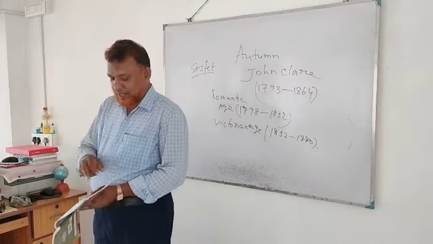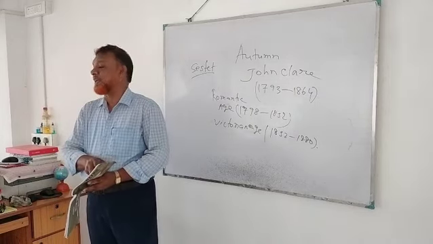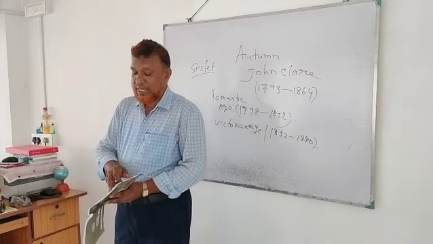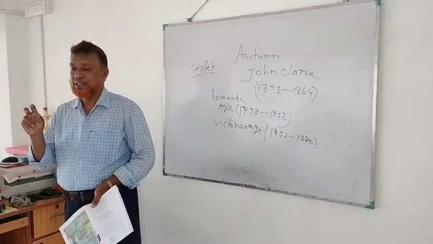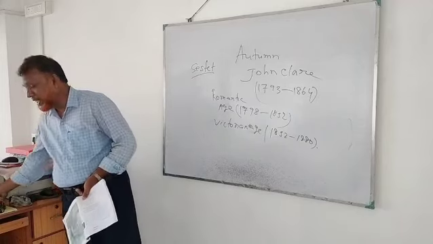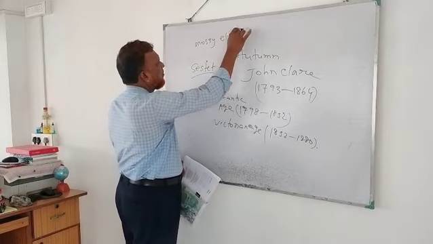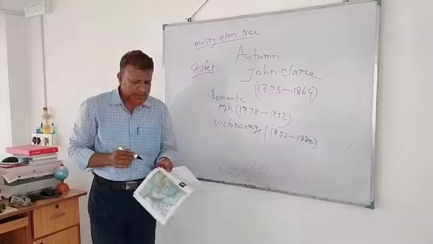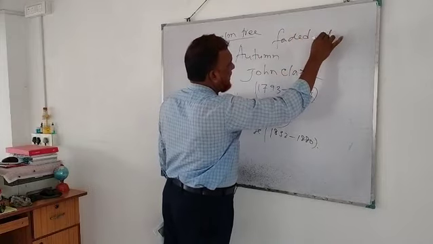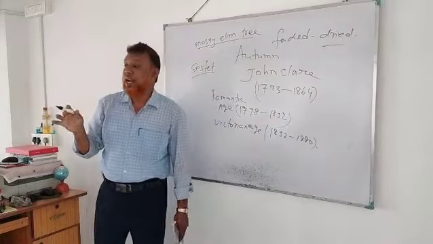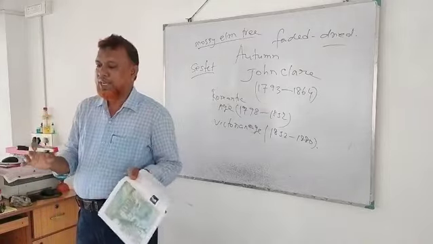The third line: And from the mossy elm tree takes the faded leaves away. What is mossy elm tree? Look at this expression, mossy elm tree. Faded leaves. Faded means dried. Elm is a kind of big tree, old tree.